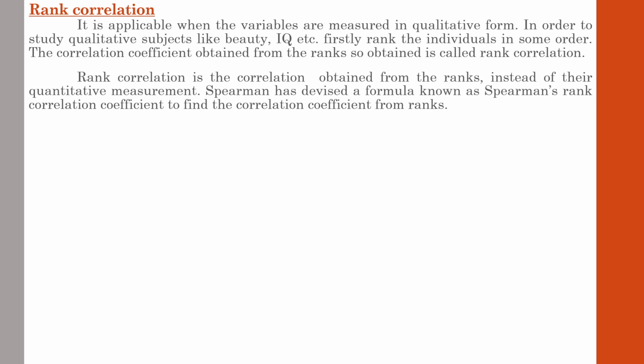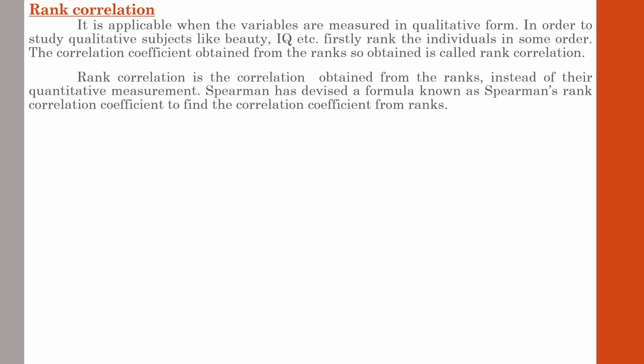Even though Karl Pearson was the creator of the correlation concept, the rank correlation idea was brought forward by Spearman. Thus Spearman devised a formula known as Spearman's rank correlation coefficient to find the correlation coefficient from the ranks.